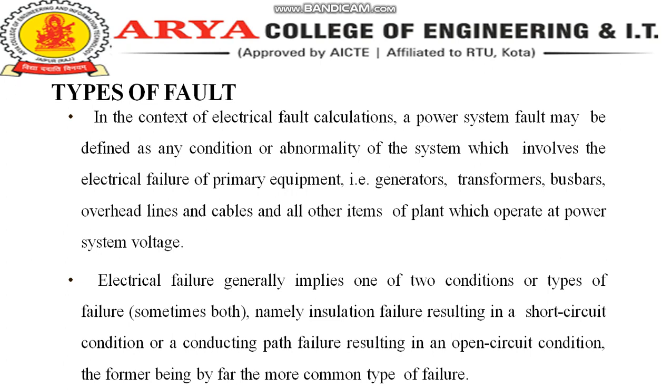Electrical failure generally implies one of two conditions or types of failure, namely insulation failure resulting in a short circuit condition, or a conducting path failure resulting in an open circuit condition, the former being by far the more common type of failure.